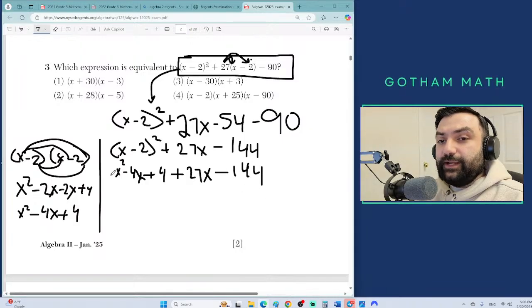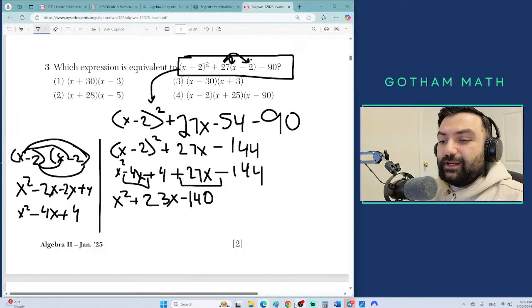Now let's combine all of the like terms. X squared does not have any like terms, comes down. Negative 4x and positive 27x combines into a positive 23x. And plus 4 and minus 144 combines into a minus 140.